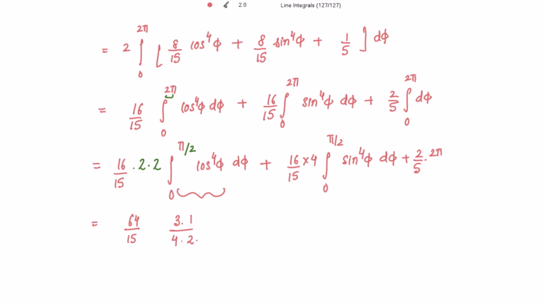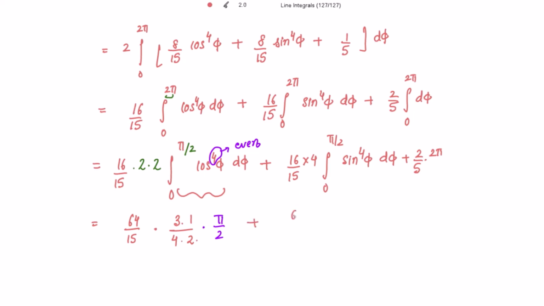One thing more, if the power is even, you also have to multiply this with pi by 2. But if the power is odd, you do not have to multiply with pi by 2. So we only have to multiply with pi by 2 if the power is even.